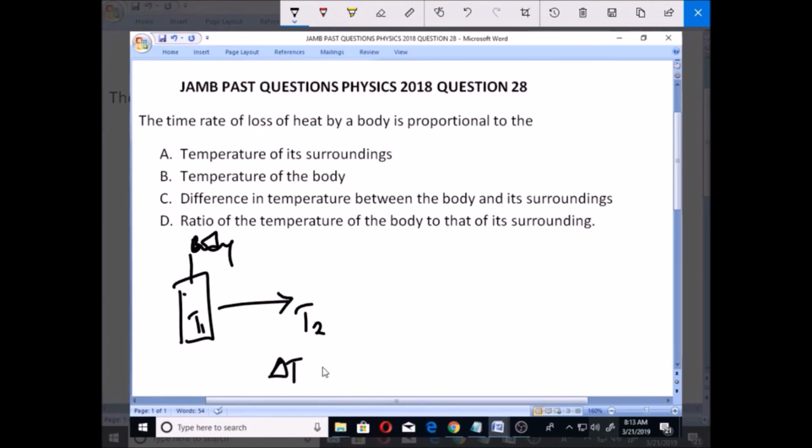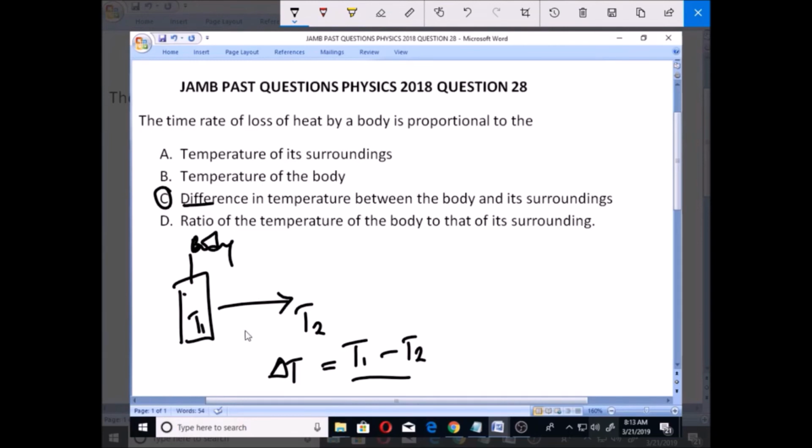That is the difference between the temperature of the body and that of the surrounding. That difference is what ensures loss of heat, and that makes C the right answer.